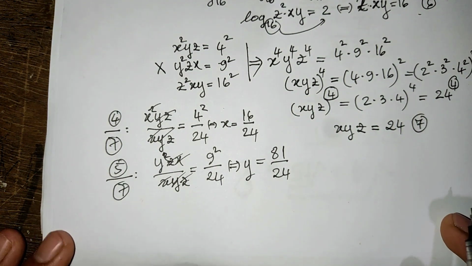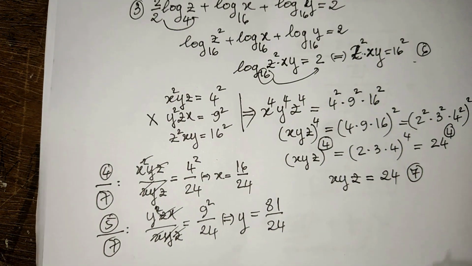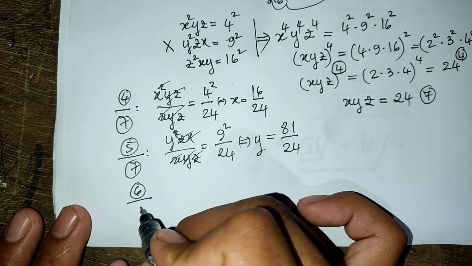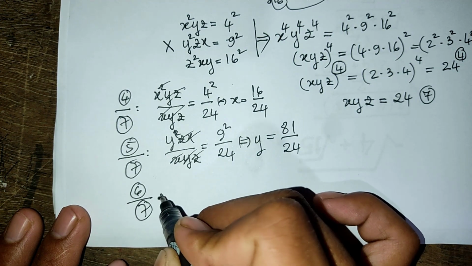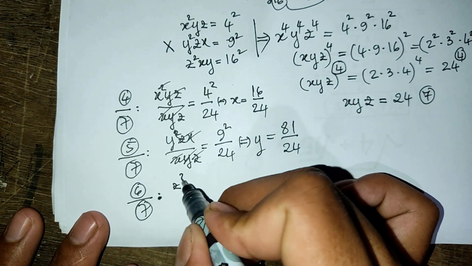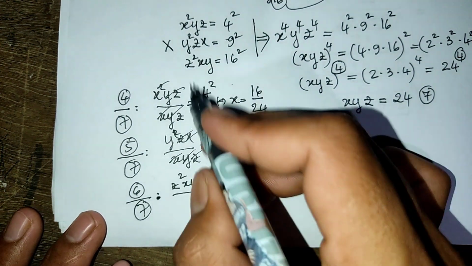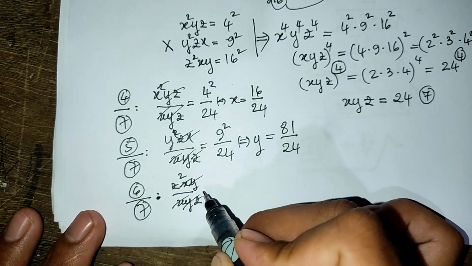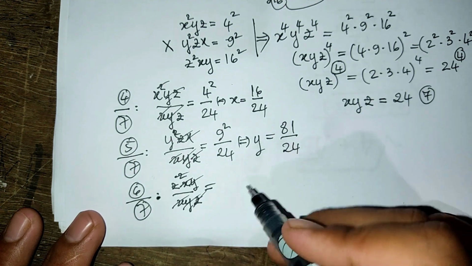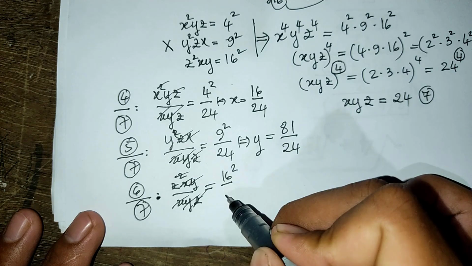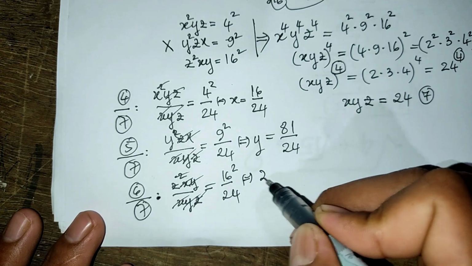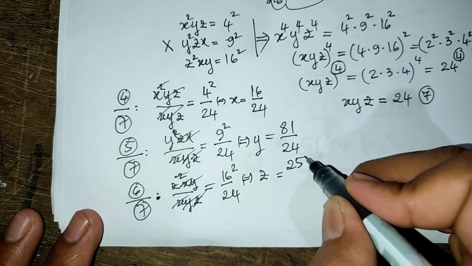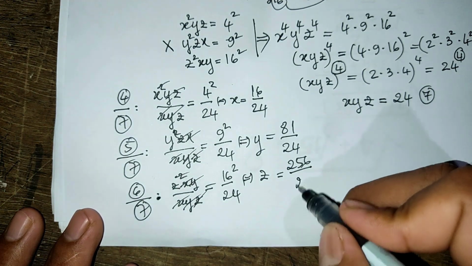The next step, we use the sixth equation divided by the seventh: z squared x y divided by x y z, simplifying x and y, equals 16 squared divided by 24, so z equals 256 divided by 24.